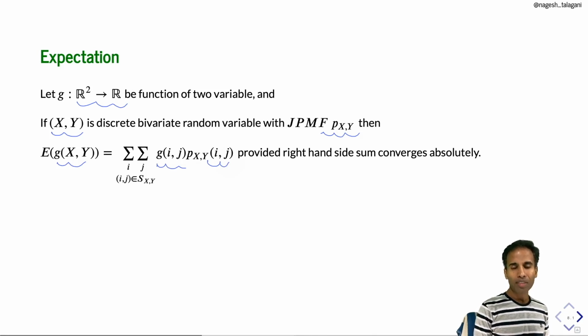Here the summation is a double summation. The first summation runs over i, the second sum runs over j, where this (i, j) comes from the support of (X, Y). Of course, provided this right-hand side sum converges absolutely. That means if this sum is finite, then we say the expectation of g(X, Y) exists, and it is defined to be this summation. Okay, fine.